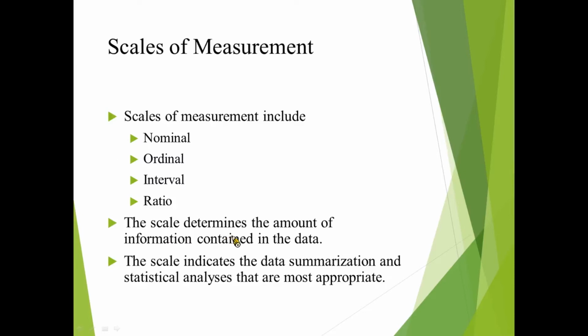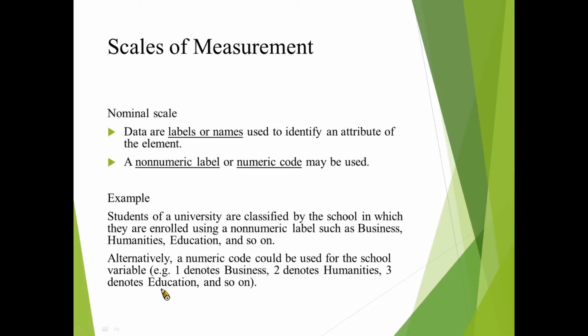The scale determines the amount of information contained in the data, and the scale indicates which data summarization and statistical analysis are most appropriate. The nominal scale data are labels or names used to identify an attribute of the element, and a numeric label or numeric code may be used.